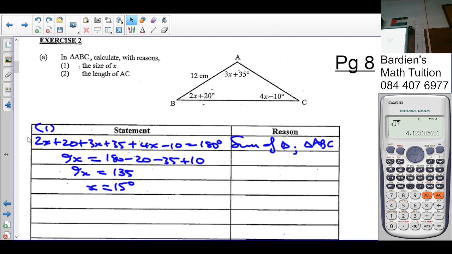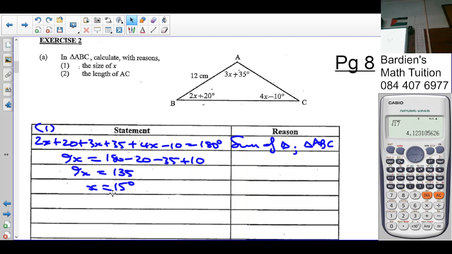Yes, Michael? You got x equal to 15? Absolutely correct. So my mistake was I forgot to write 180. So what did you set it equal to? I just added these together.